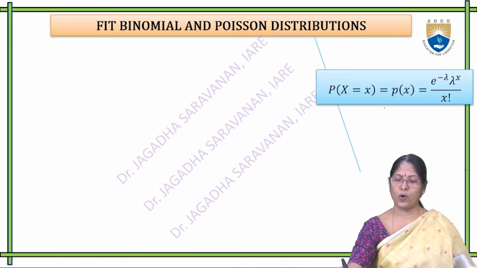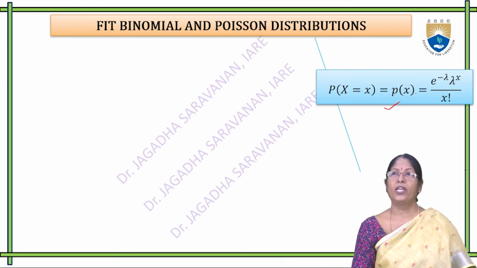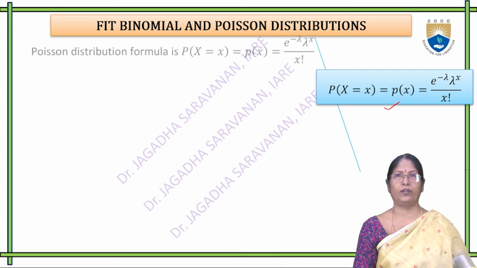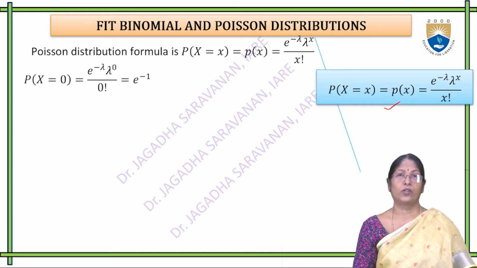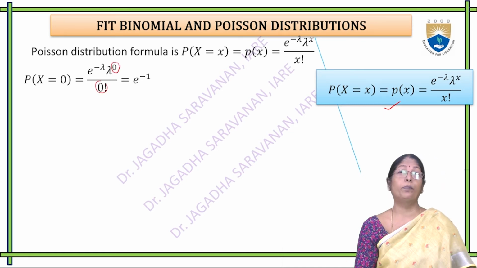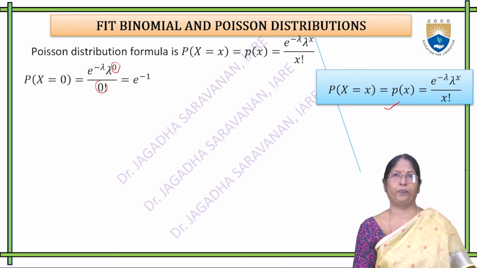So this is the Poisson distribution formula: e power minus lambda into lambda power x by x factorial. So x equals 0. Here it's very easy to see how many places our changes are going to come.